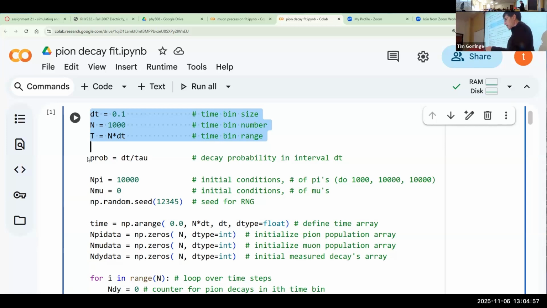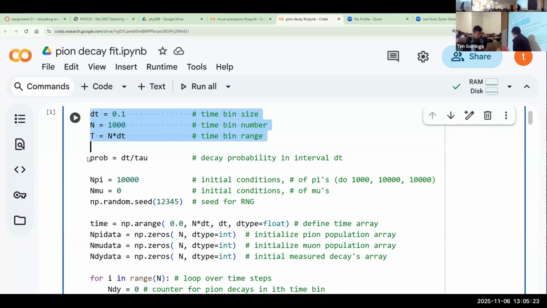So n pi is my 10,000 starting point for the pions, and mu is my 0 starting point for the muons. I'm going to set up some arrays here. An array time that is my proxy for the independent variable time.